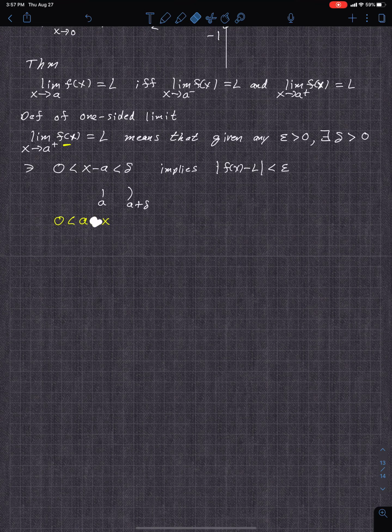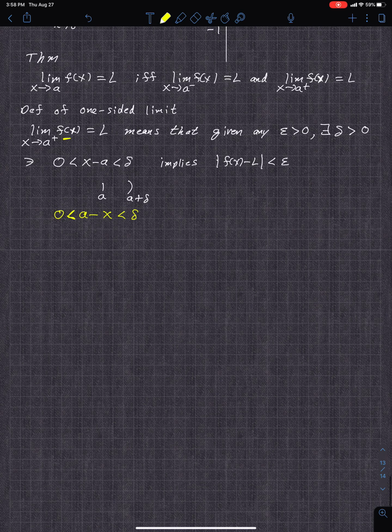I'm just switching the order here, so it still has to be positive, but a minus x less than delta. So when you solve for x, you get minus delta. So it's on the other side. Actually, I'm not going to write that down. That's too confusing.